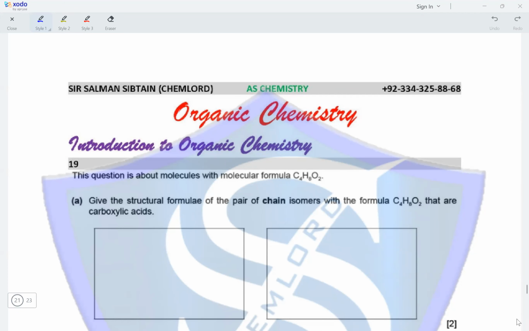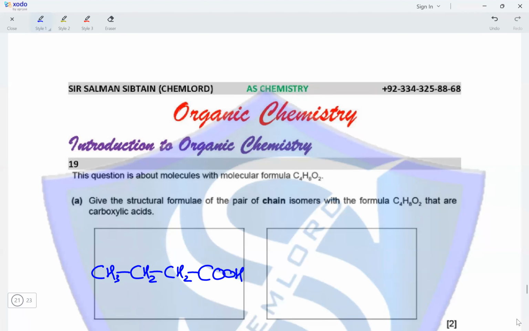Question 19. This question is about molecules with the molecular formula C4H8O2. Give the structural formula of the pair of chain isomers with the formula C4H8O2 that are carboxylic acid. So one of these could be a straight chain carboxylic acid having four carbon atoms, which would be COOH, CH2, CH2, and CH3, which is butanoic acid.